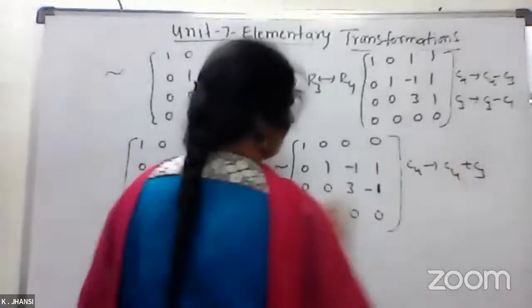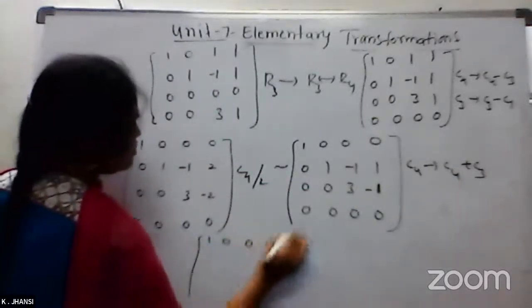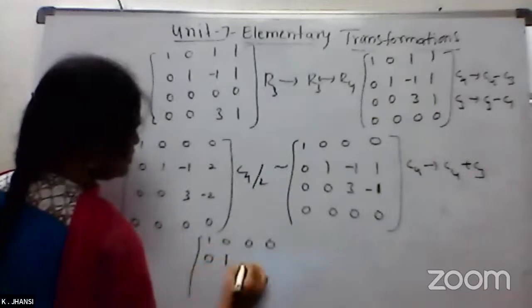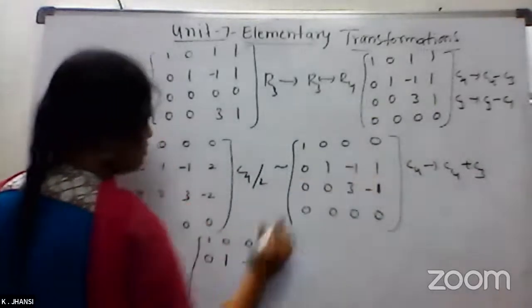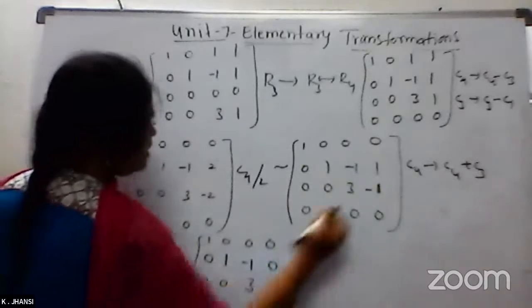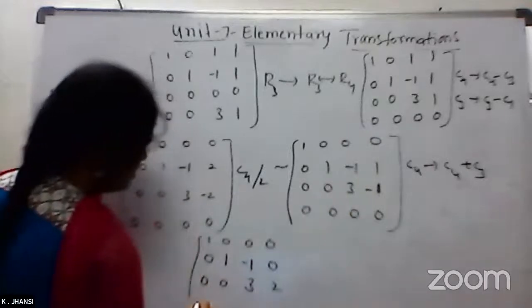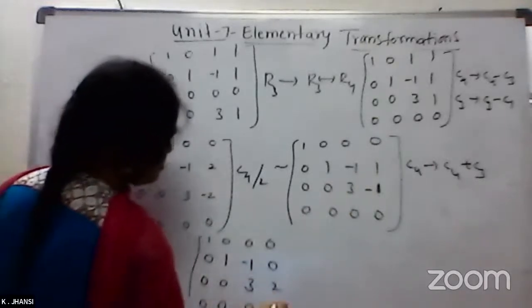First you do this one, what will you get? 1 0 0 0, 0 1 minus 1, 1 minus 1 means 0. Next 0 0 3, 3 minus 1 means you will get 2 here. Next 0 0 0 0.